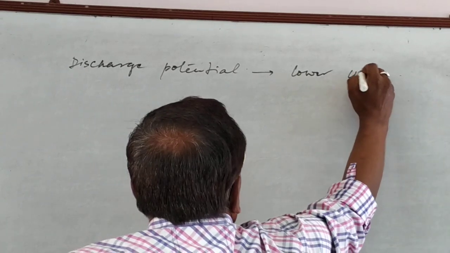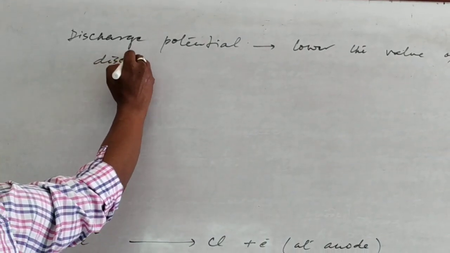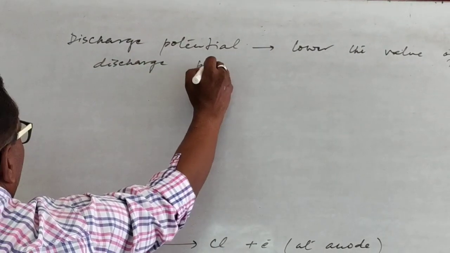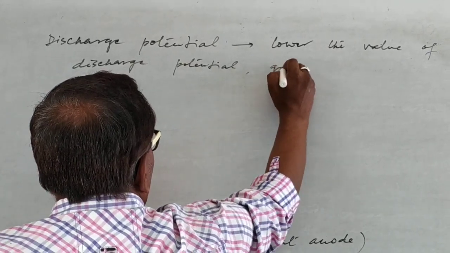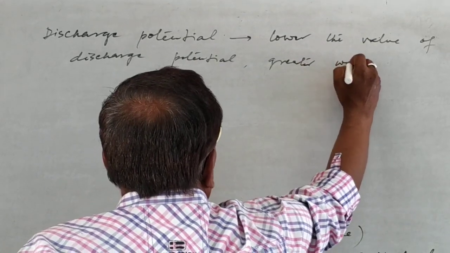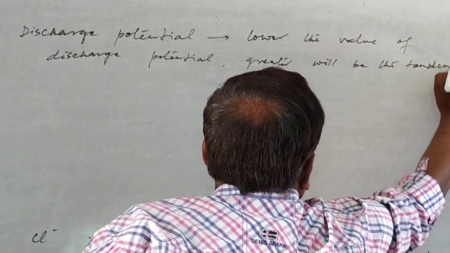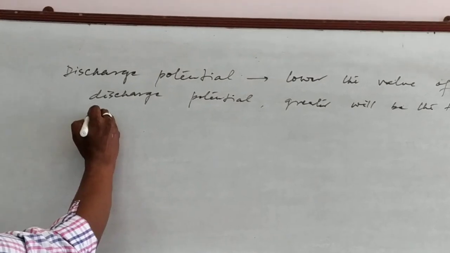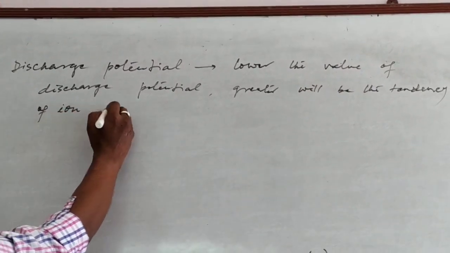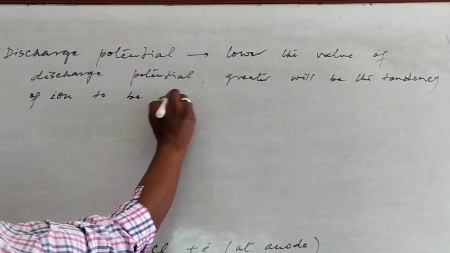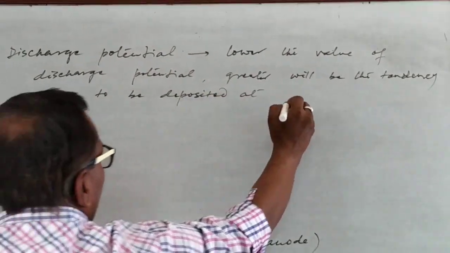Lower the value of discharge potential, greater will be the tendency of ion to be deposited at electrode.